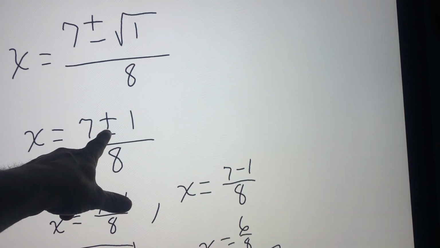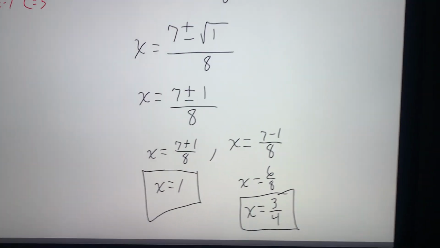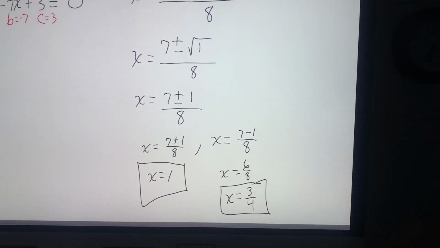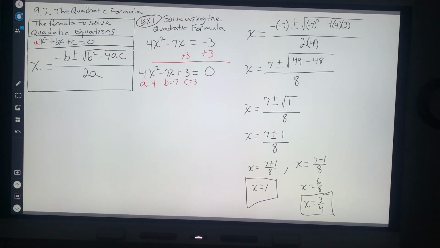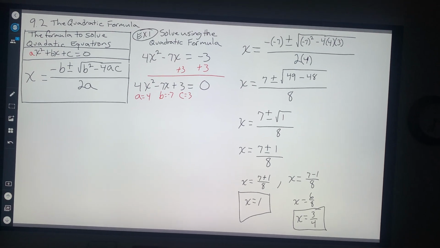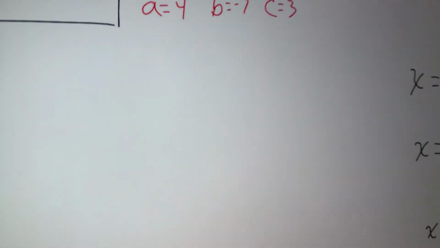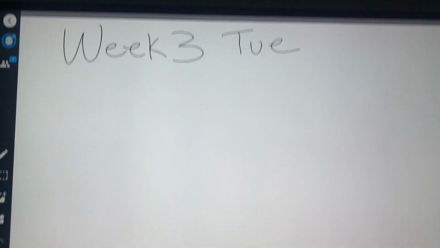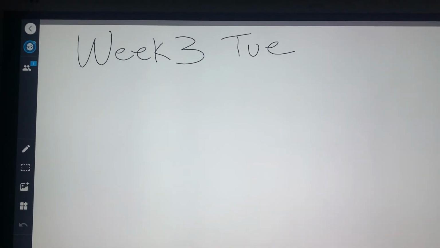So here we still have our plus and minus, but we separated them there. And we were able to solve each one of them at that point. So that was the notes for week 3, intermediate algebra.